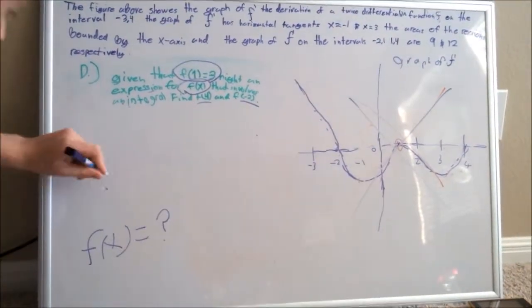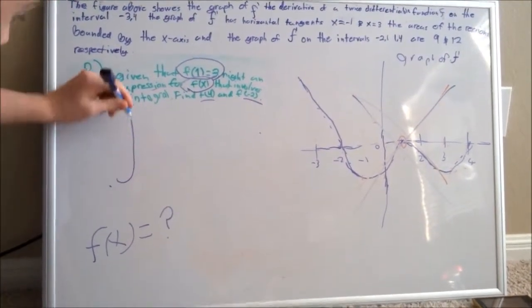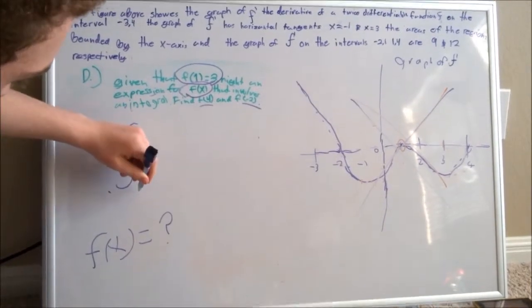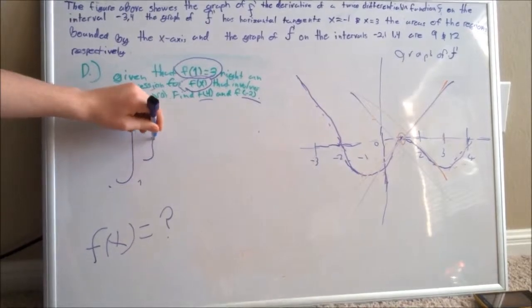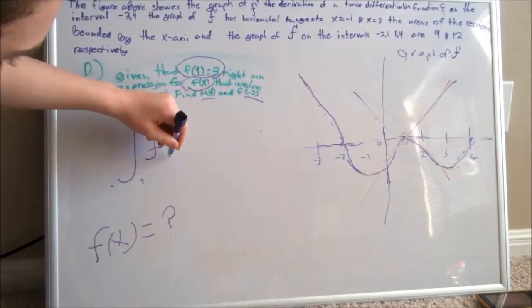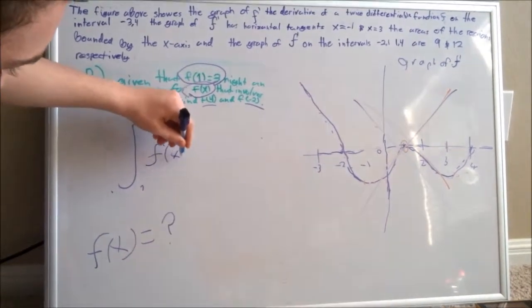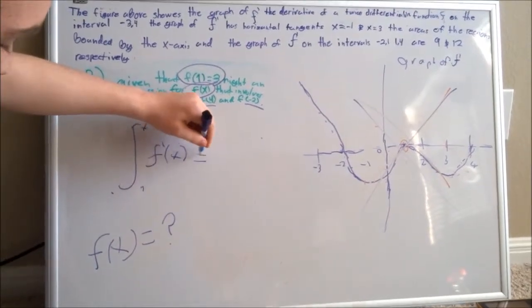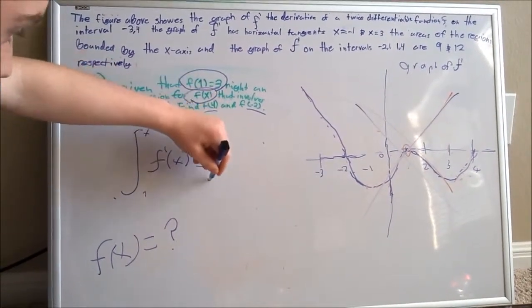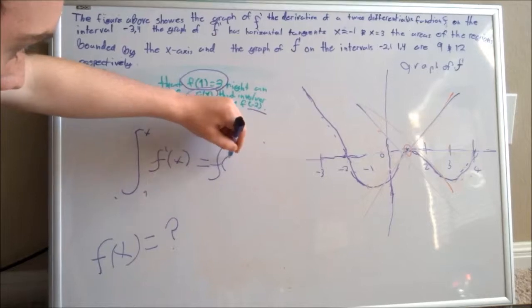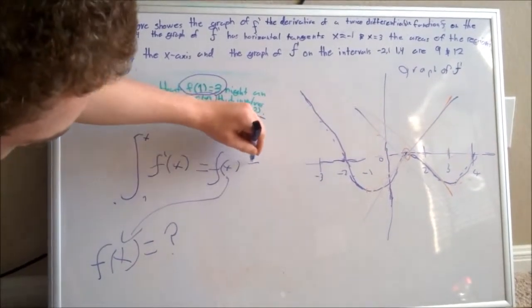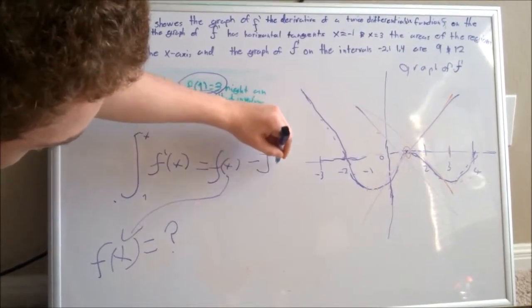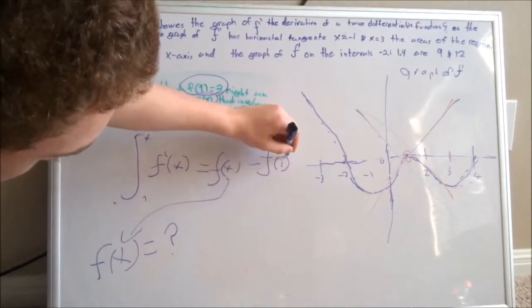Rewrite this as the integral from 1 to x of f prime of x equals f of x, and look, there's our f of x from over here, minus f of 1.